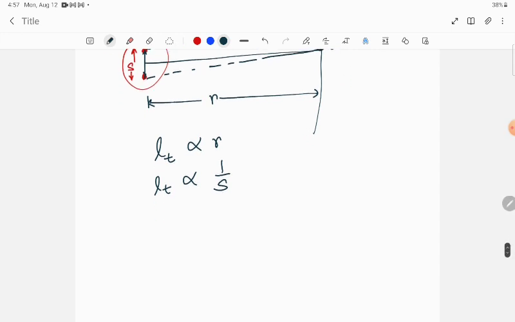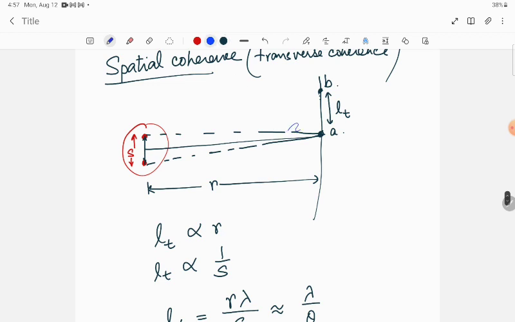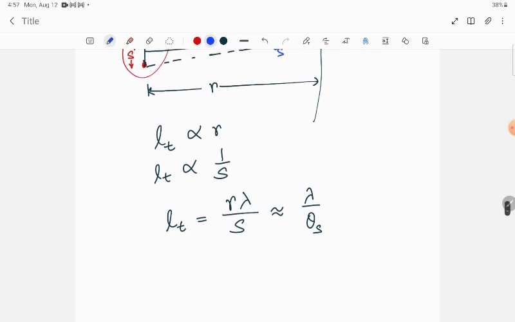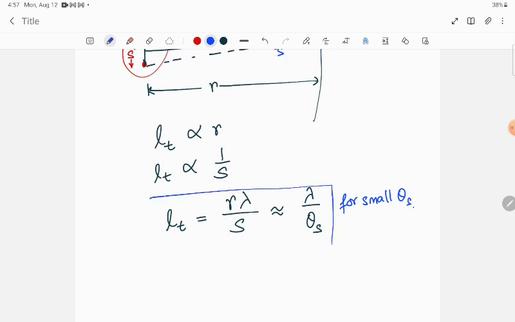With this in mind, and of course there will be a lambda factor, we come down to L_T equal to R lambda by S, and this can be written as lambda by theta_S, where theta_S is this angle, for small theta. So this is what we call the spatial or the transverse coherence.